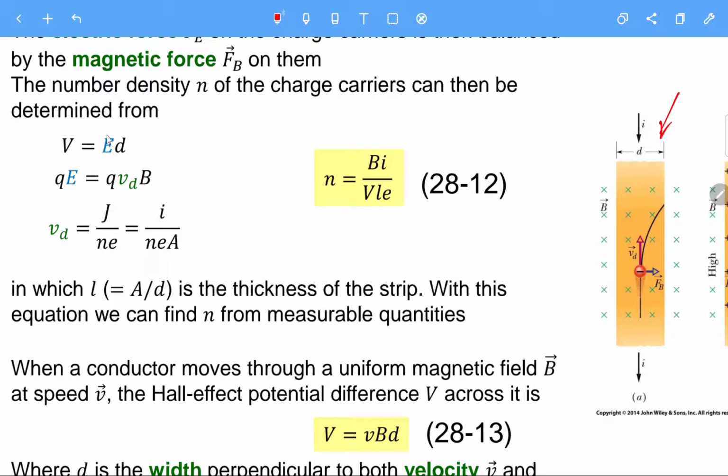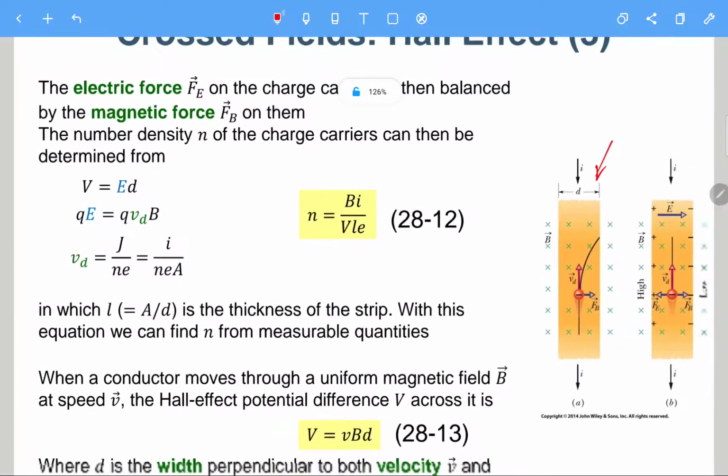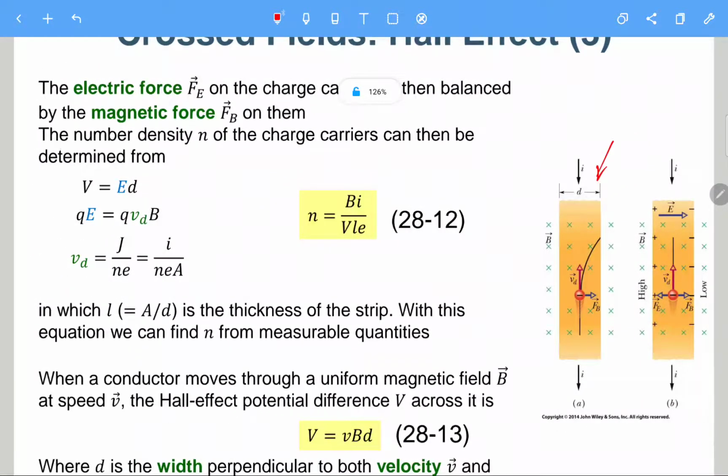We assume the E field is uniform, and this one is from Fe equals Fb. And actually, they have opposite directions. And all the vectors are perpendicular, so we just ignore all the cosine theta.